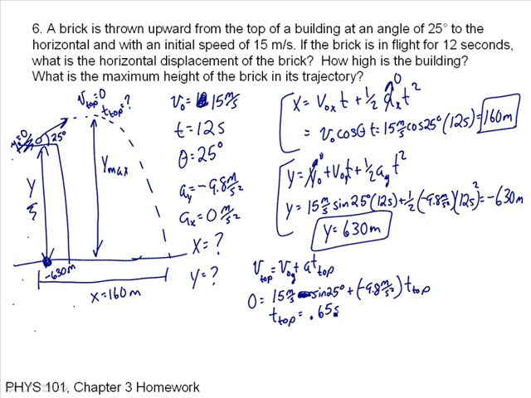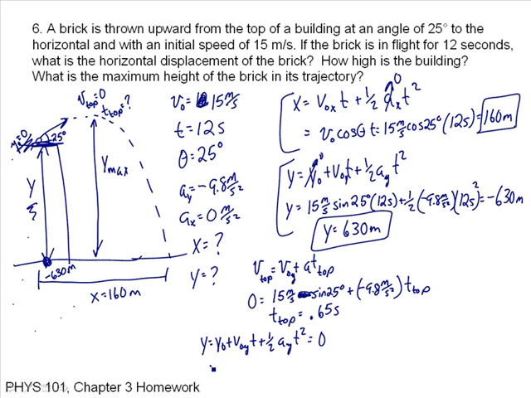Then I want to figure out what is the height at the top. So I just say y is equal to y naught plus v naught y t plus 1/2 a_y t squared. I'm going to set y naught equal to 0 at this point again. That means that at this point my y naught is 0.